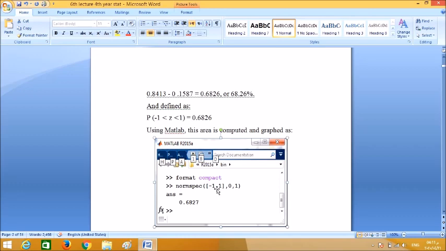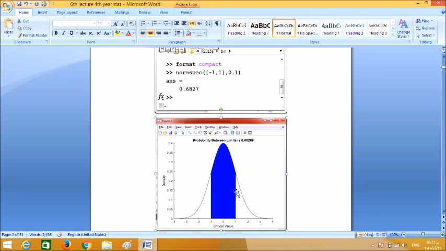If we deal with any other normal distribution, you have to put mu and sigma. So this is the first rule. This is the shape, and this is the probability between Z equal 1 and Z equal -1.